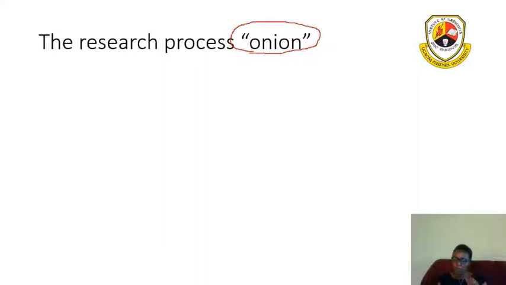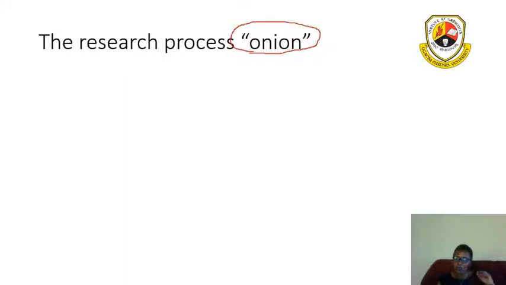But that's what research is, a kind of an onion. It has several layers. Some layers we stipulate in our proposals, in our concept papers, and finally in our report. Other layers are implied, but they are not necessarily stipulated or stated.